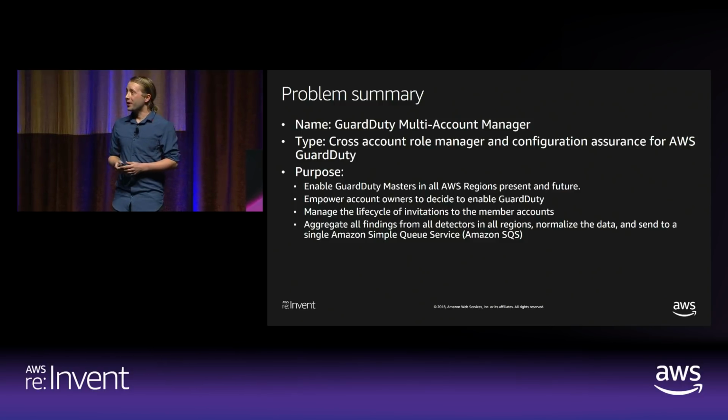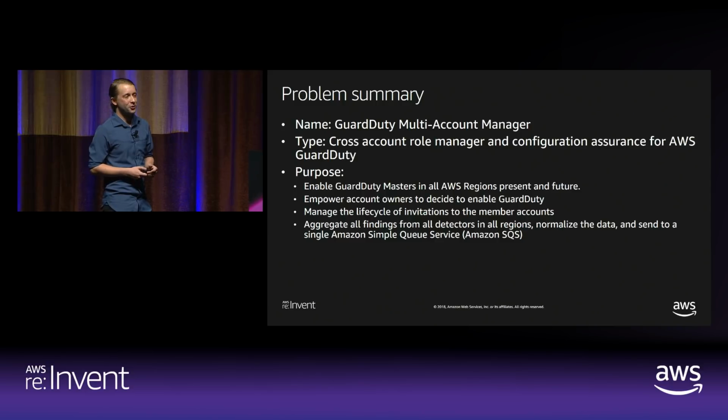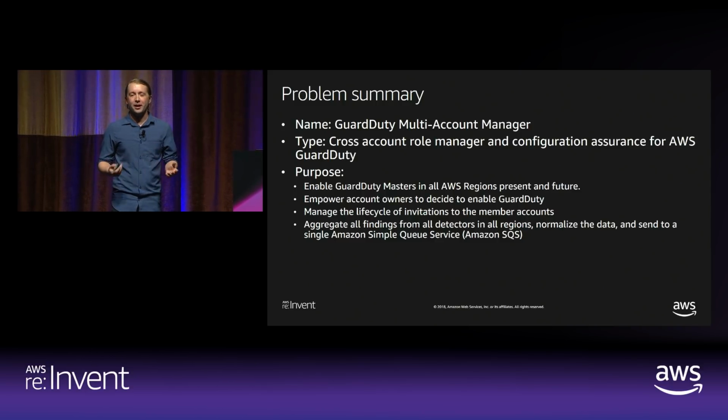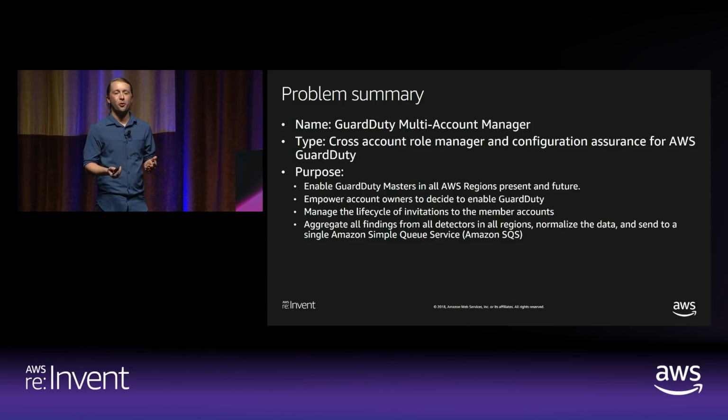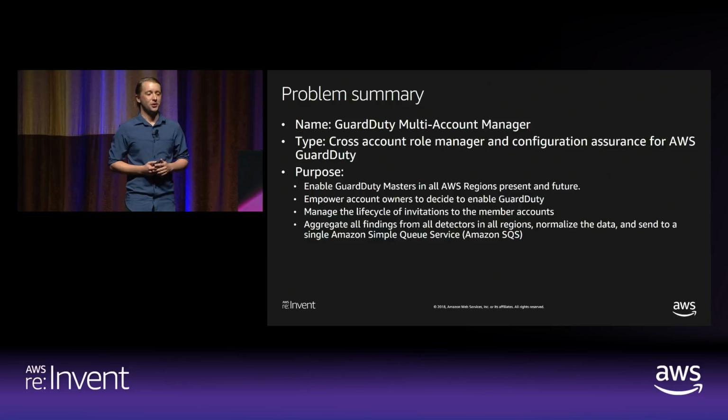I had a really hard time doing that at Mozilla because we have some unique challenges in the way that we roll out our AWS account structure, the way that we use AWS Organizations, and the way that we segregate the data that InfoSec is allowed to have access to.